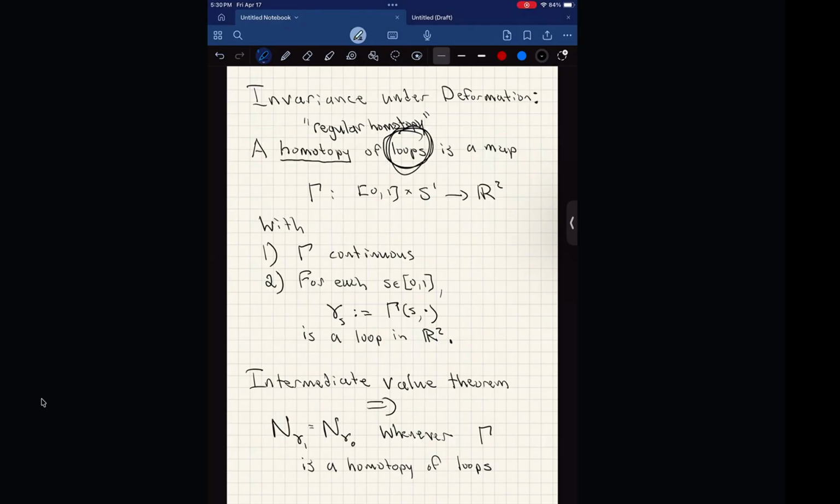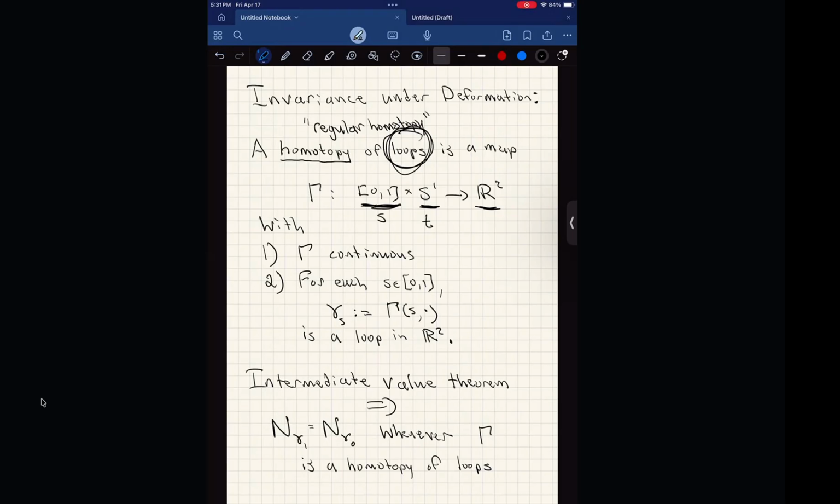What do we really want? You have not just a single loop going from S1 to R2, but a whole family of curves indexed by a parameter that I'll call s. I'll call s the parameter in this family and t the parameter along the curve.